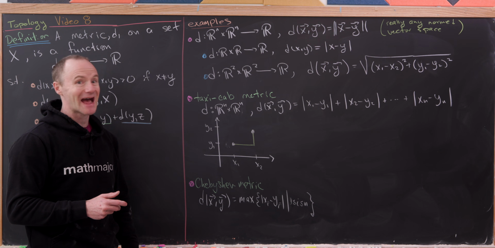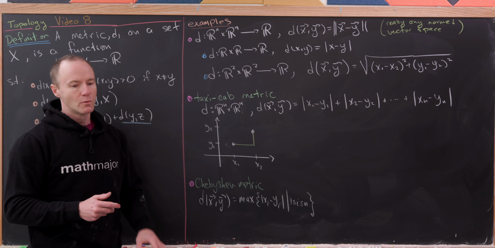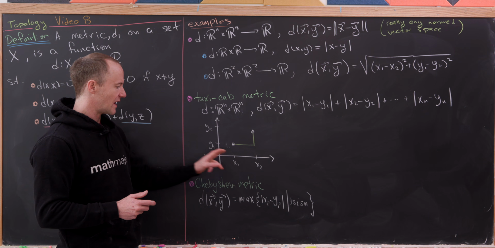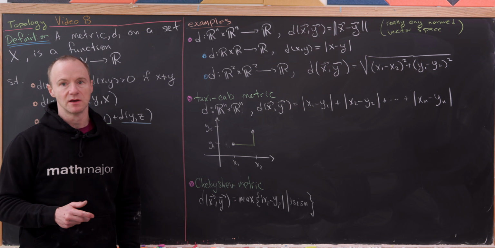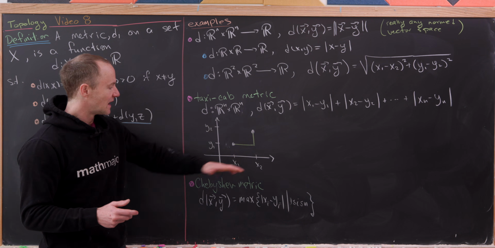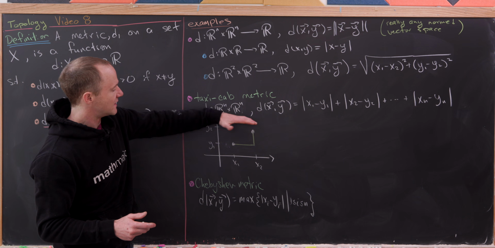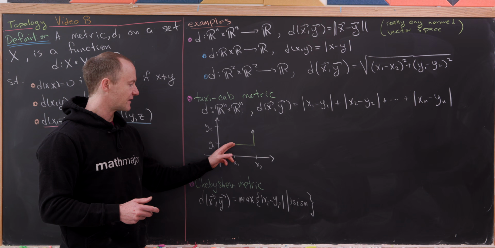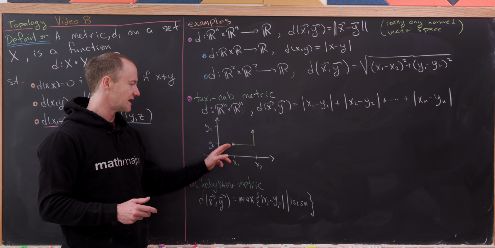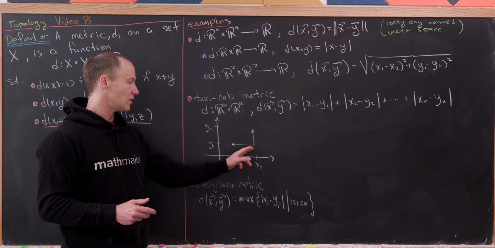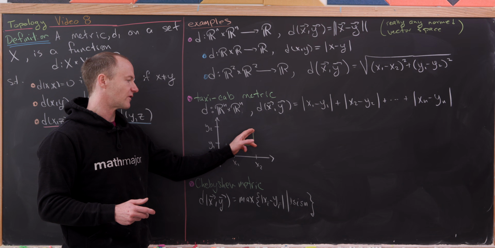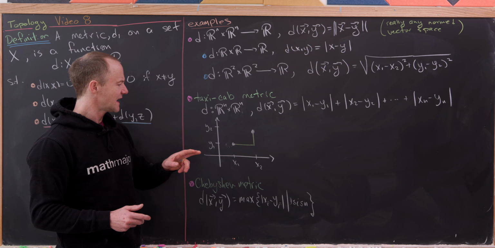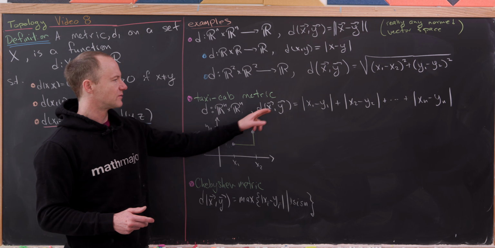And why is this called the taxicab metric? Well, think about our points (x1, y1) and (x2, y2) as being places in a city, and the roads only run in this direction and then this direction. Then the only way to get from this point to this point is by following a road horizontally and then vertically. I guess my variables are a little off here.